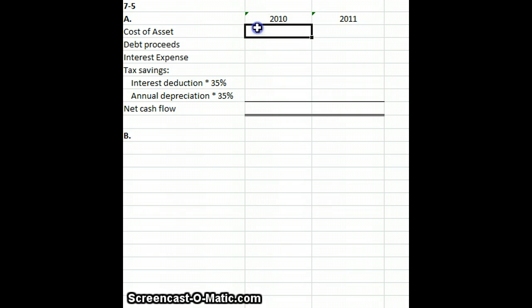Okay, so my initial cost of the asset is $50,000. So that hasn't changed, but my cash flow actually increased. If you remember back to doing cash flow statements in our regular accounting class, we had proceeds from the debt, so that our net cost here is zero in cash flow dollars.